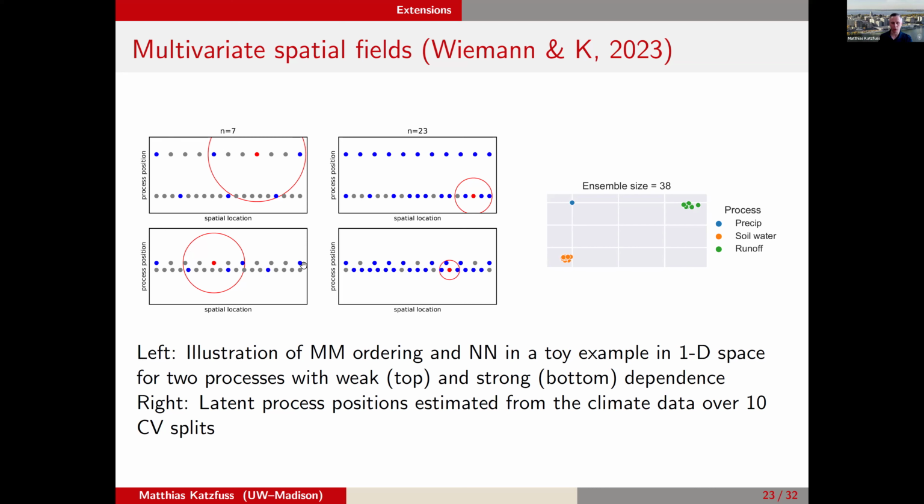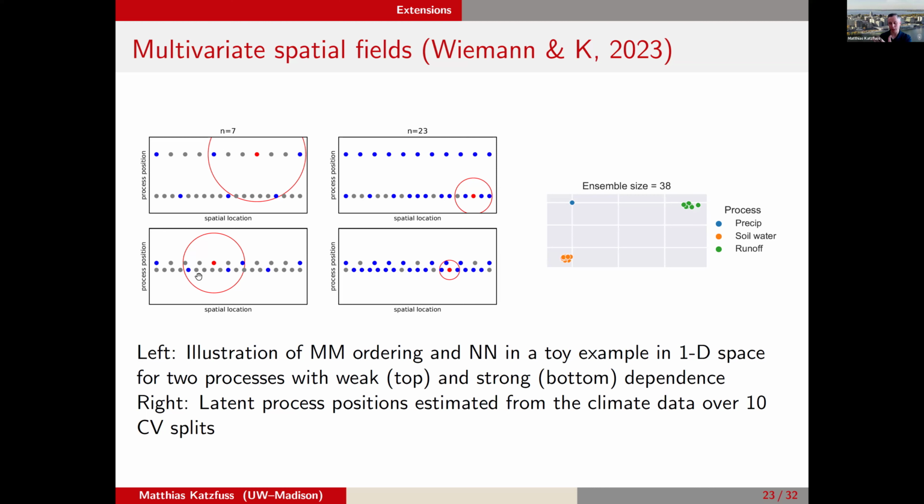Or we could have a setting where the two processes are very strongly dependent, and we have potentially a lot of cross-dependence relative to the amount of dependence we have within a process, within one of these lines. So we have to essentially determine the position of the processes in this latent space.